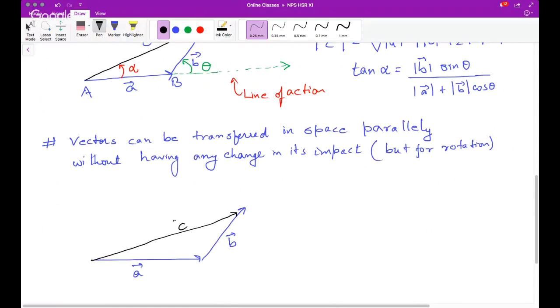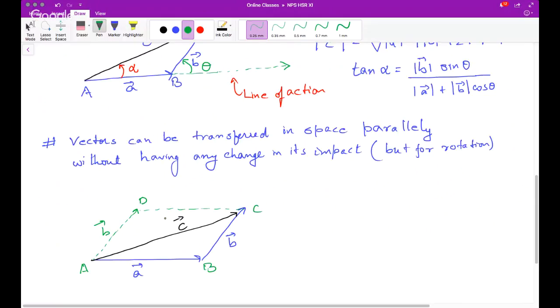This was vector C. The same thing can be said like this: if B was instead shifted over here and you complete the parallelogram, then the principal diagonal gives the resultant. Let's say the points are A, B, C and D. Basically this is also vector B, because vector B was parallelly shifted to AD.